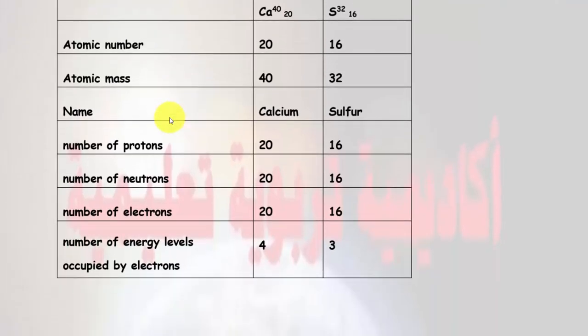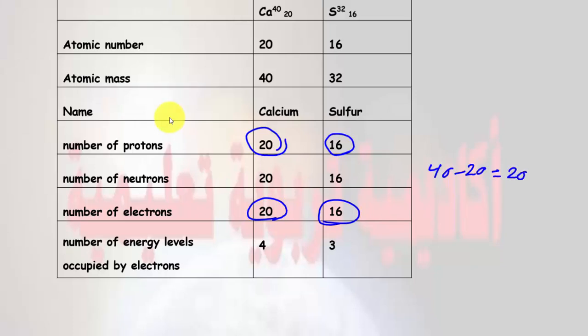The number of protons equals the atomic number, so for calcium 20 and for sulfur 16, and the same number of electrons, 20 and 16. For the neutron, we have to subtract the atomic number from the mass number: 40 minus 20 equals 20, while 32 minus 16 equals 16.